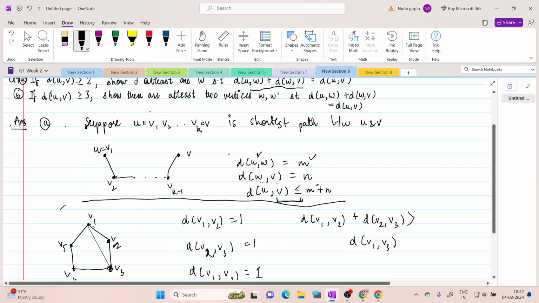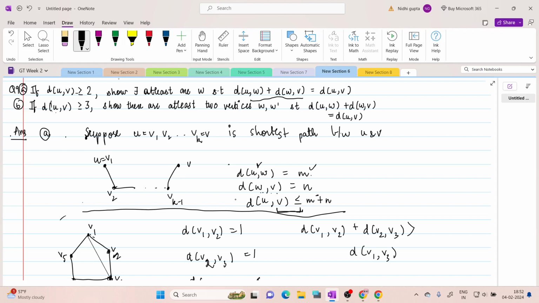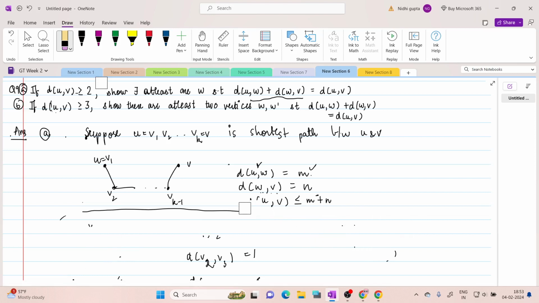But it does not mean that there won't be any such vertex W. So now you have to find such one vertex. We return back to our question. I'll erase this one because it was just an example. So now, is the question clear to everyone?